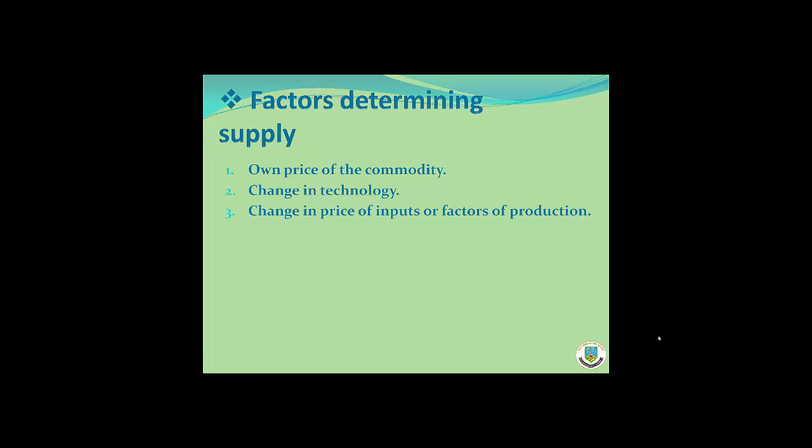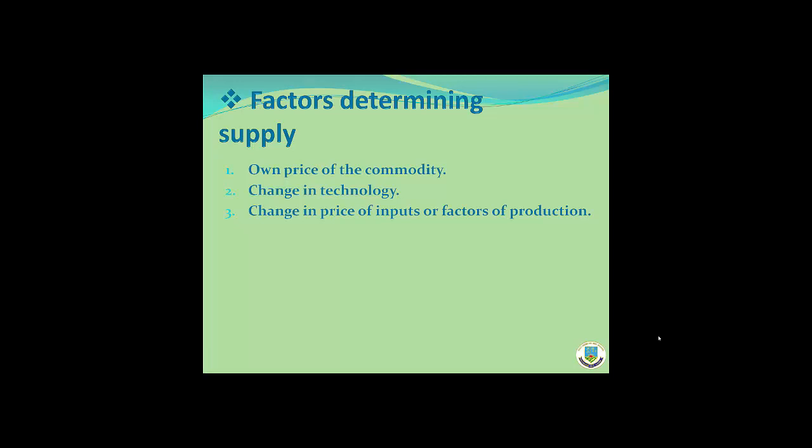This decreases the profitability. So if the cost of production increases, it will decrease the profitability of the seller. As a result, the seller reduces the supply of the commodity.